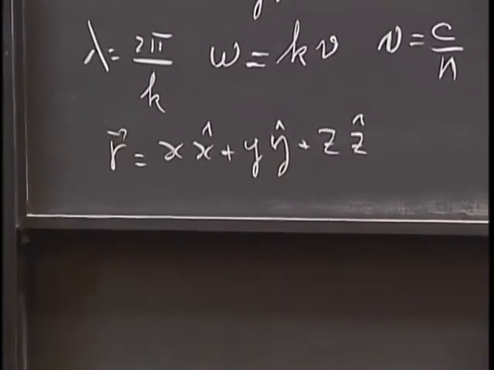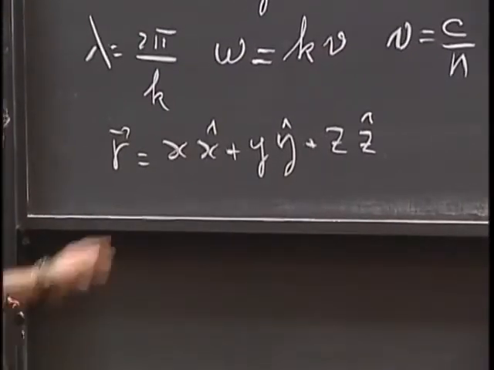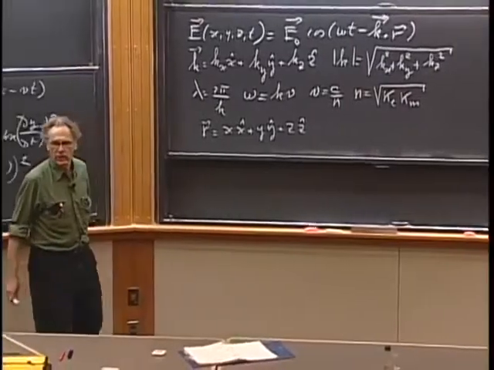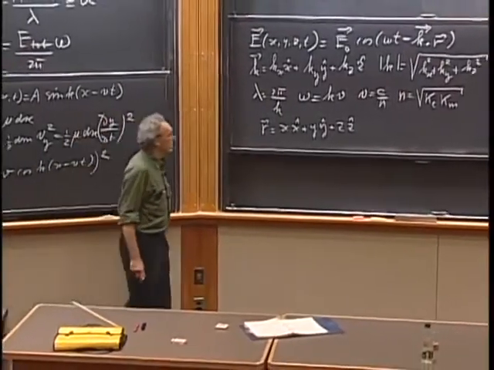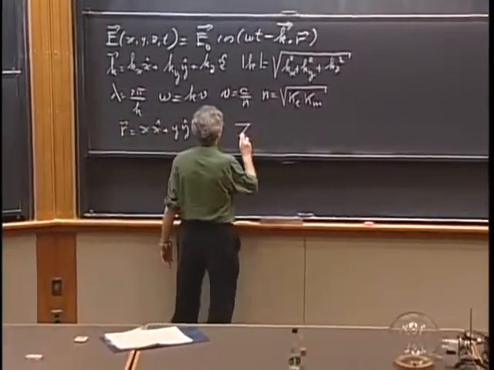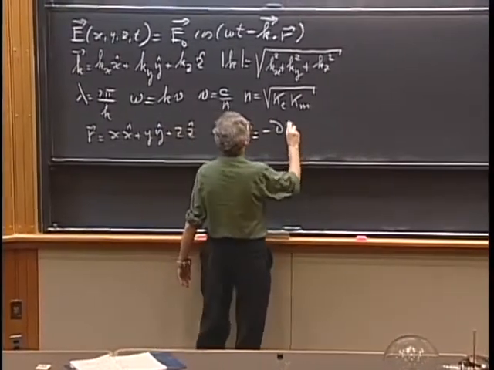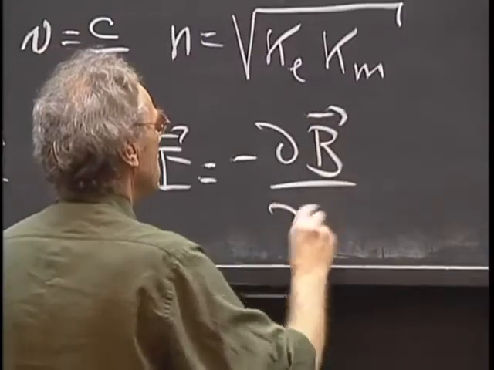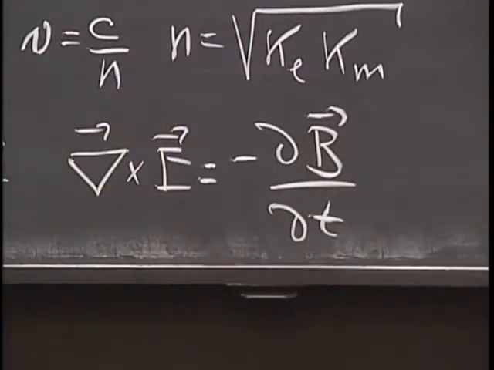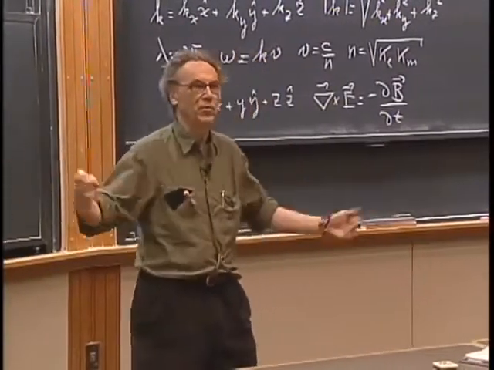If you wanted to know what the associated magnetic field is associated with this electric field, then your best bet always is that the curl of E is minus dB dt. So if you know that whole function in x, y, and z, you can take the curl of E. Sometimes it's time consuming, sometimes it's fast, depends on the wave.